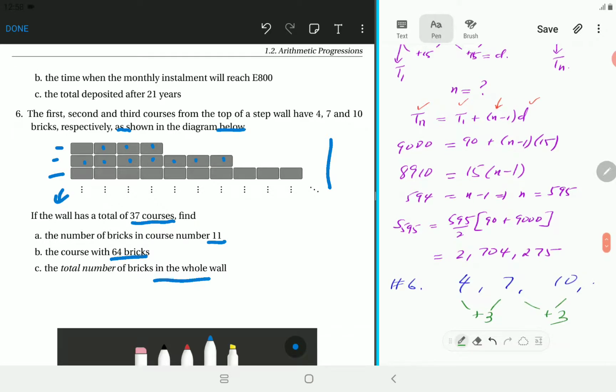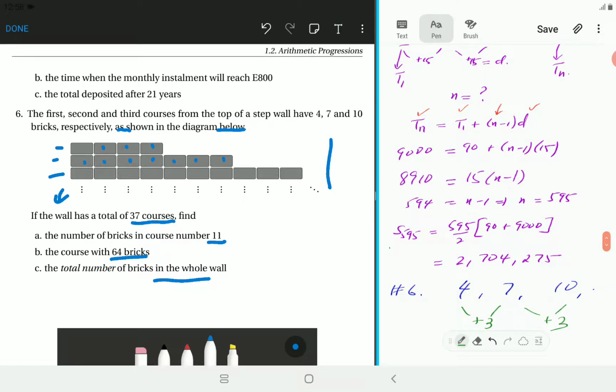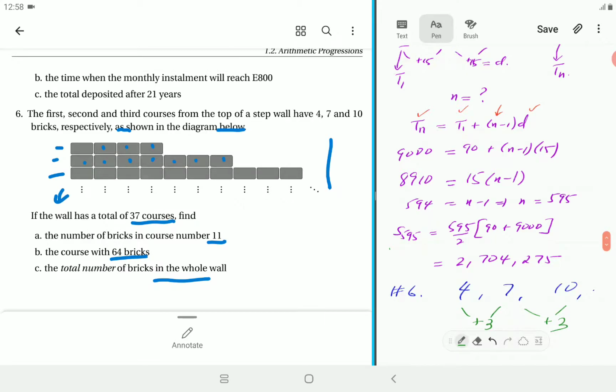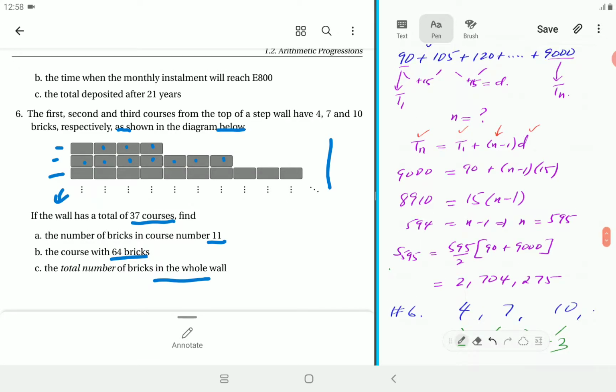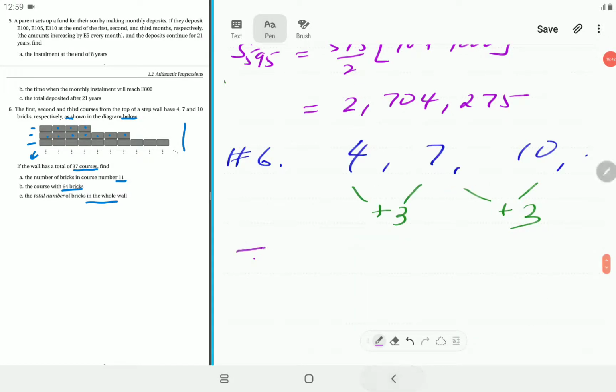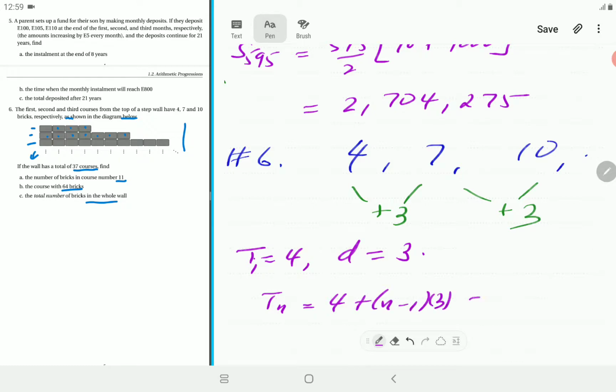So as soon as that happens, then we know that we have an AP. Okay, so T1 is 4 and D is plus 3. So that means we can write a formula for the nth term. It's going to be 3n plus 1.